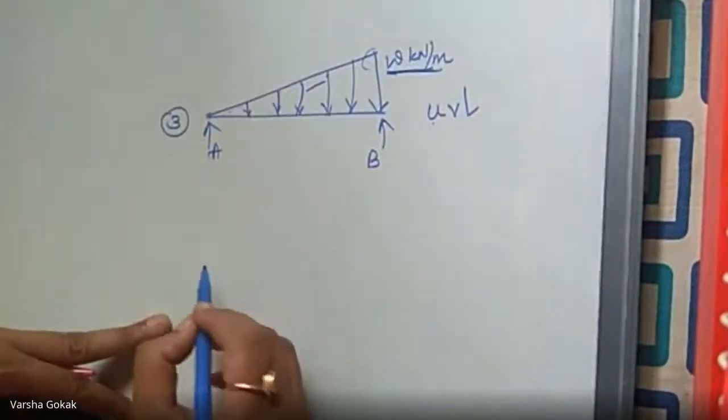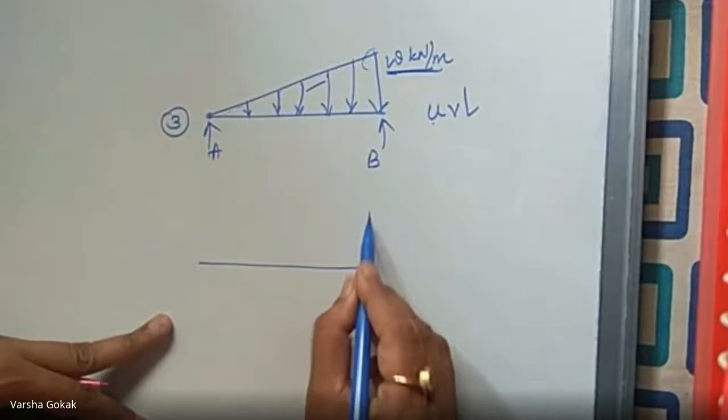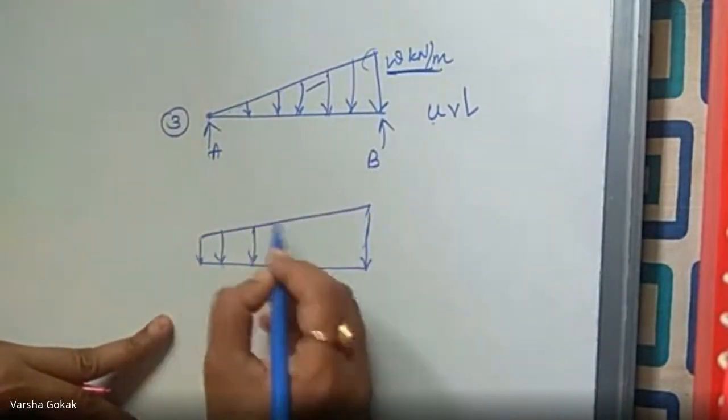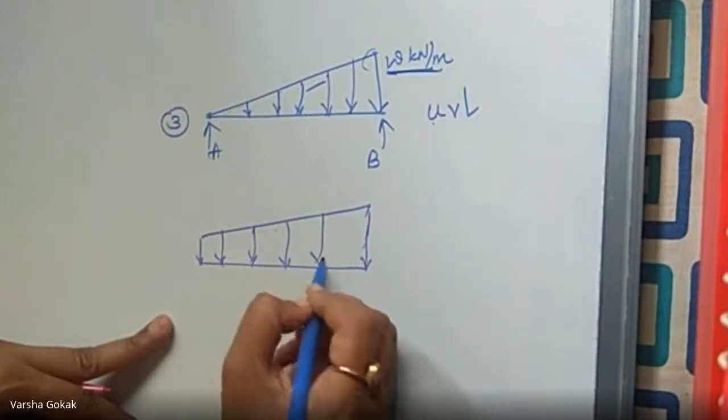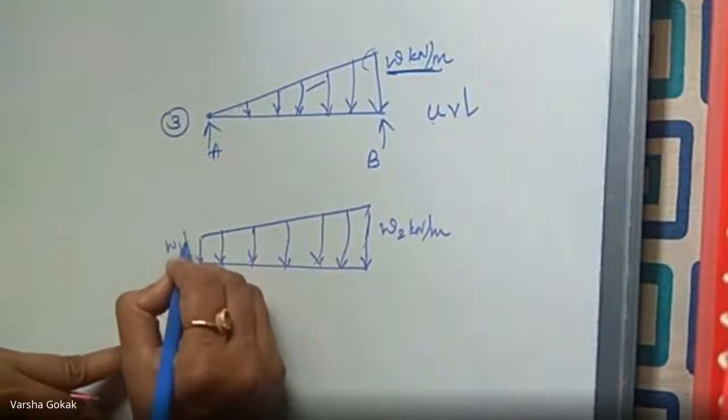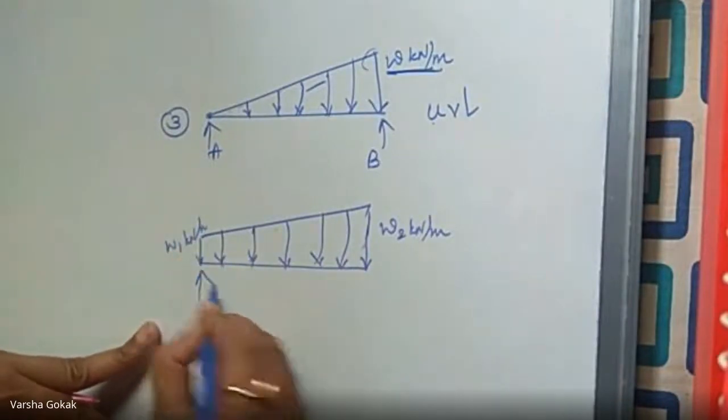But this is UVL. What is this then? Say this is W2 kilonewton per meter. This is W1 kilonewton per meter. So what is this then?